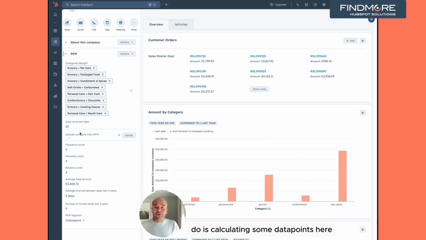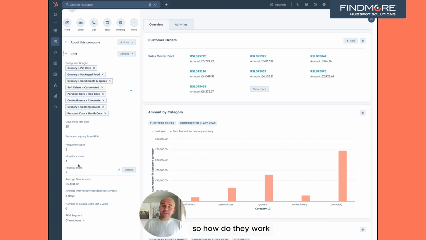Also, what we start to do is calculate some data points here that we use to generate the frequency, the monetary, and the recency values. So how do they work? I'm going to show you, for instance, the frequency score. The frequency score goes from 1 to 5. We give 5 to the top 20% most frequent customers.